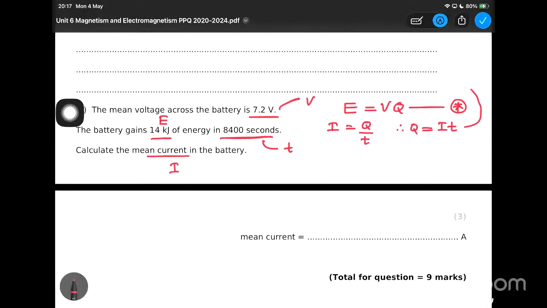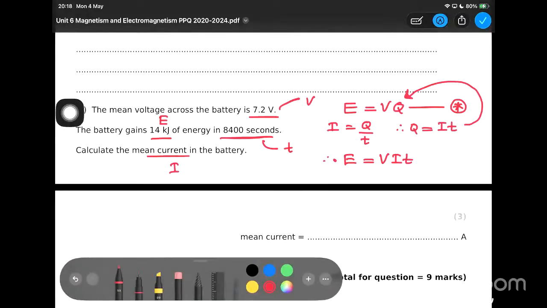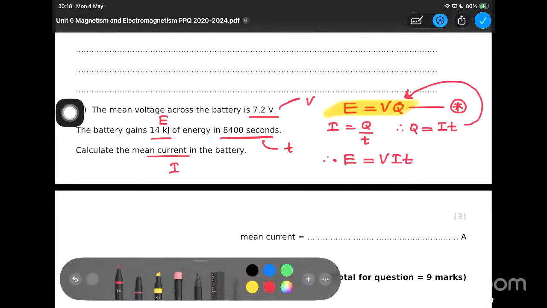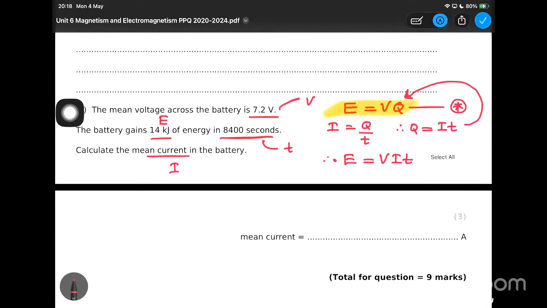Then we are going to apply that here, instead of Q. So what will we get? We will get the equation E equals VIT, right? You can directly apply that equation, never mind, or just remember the initial one, then combine it and get the equation that we need to use, right?